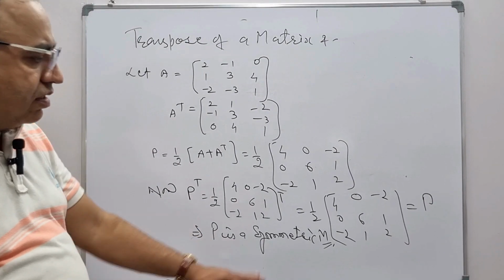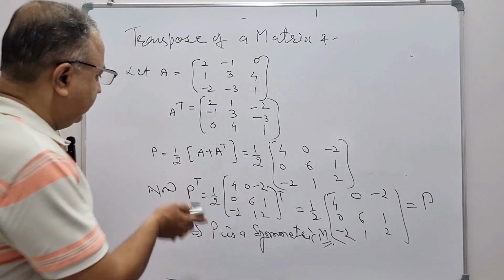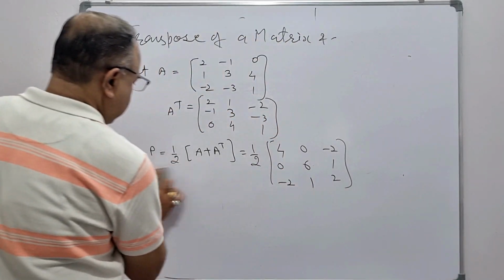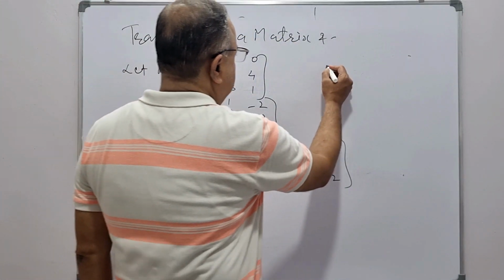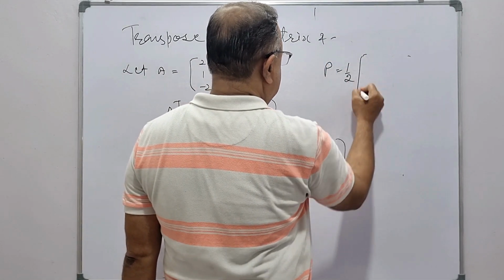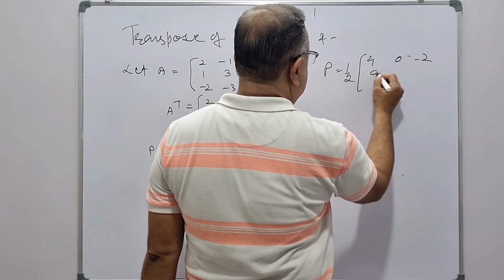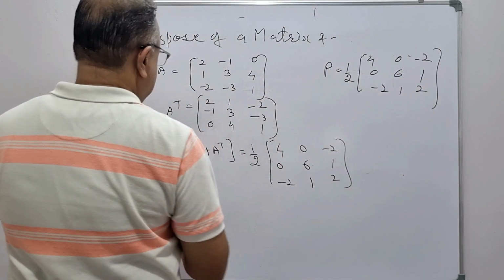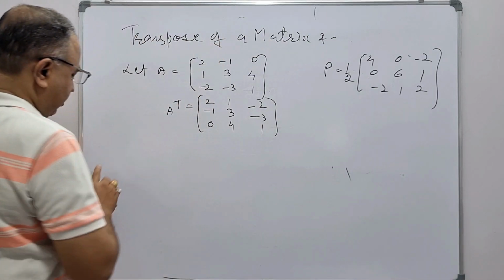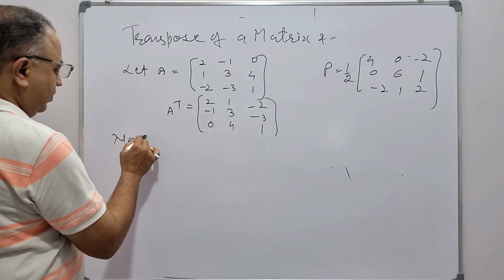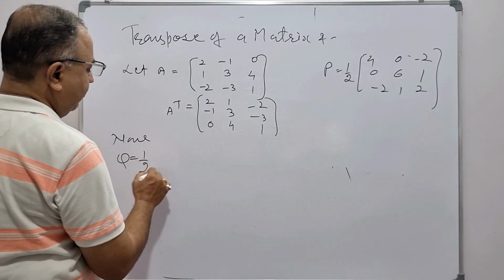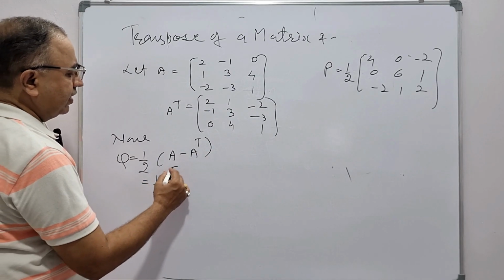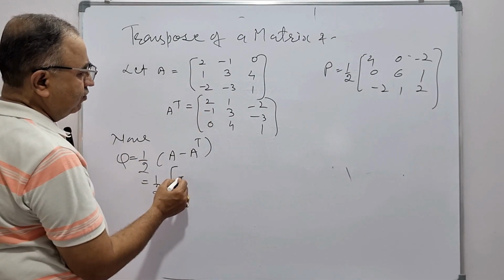Now we have seen that P is a symmetric matrix, right? I will write the value of P here on the side. We have got matrix P as half of 4, 0, minus 2, 0, 6, 1, minus 2, 1, 2. Now you have to find Q. Q is half of A minus transpose of A. Subtract transpose of A from A, corresponding: 2 minus 2, 0.